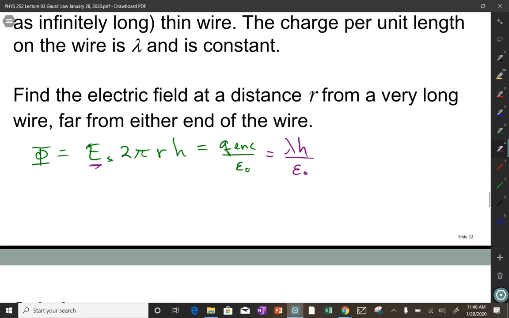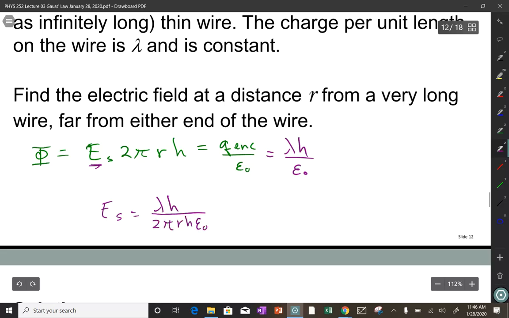So I just have to divide everything by 2 pi R h. So the h's cancel out, which is a big relief. If the h didn't cancel out, you know you're wrong.